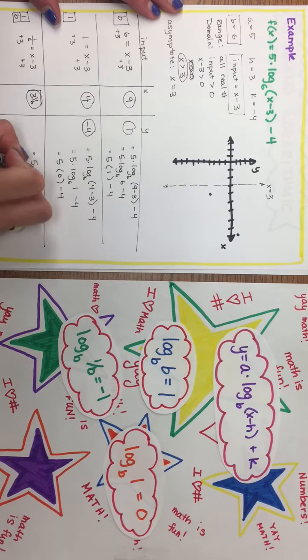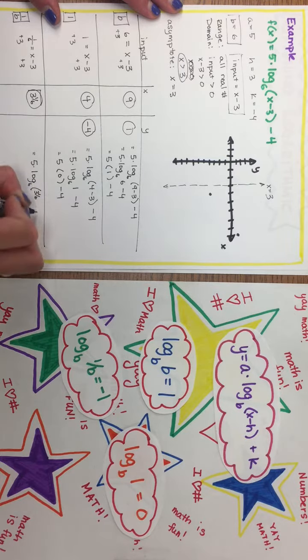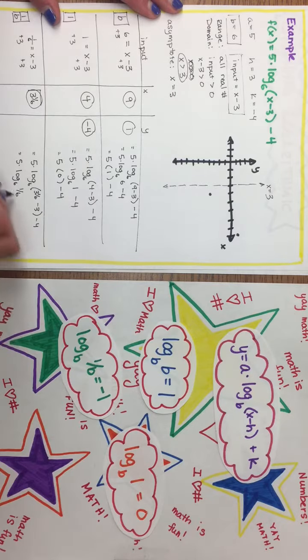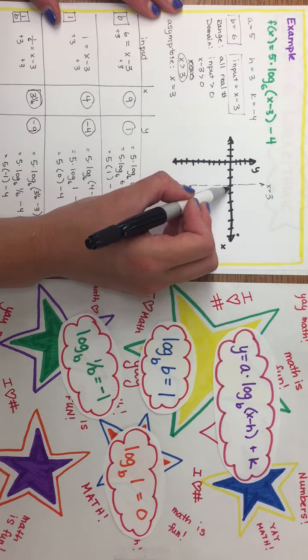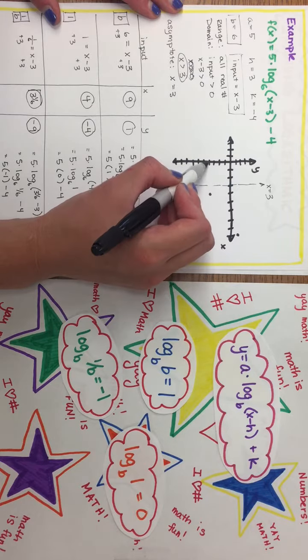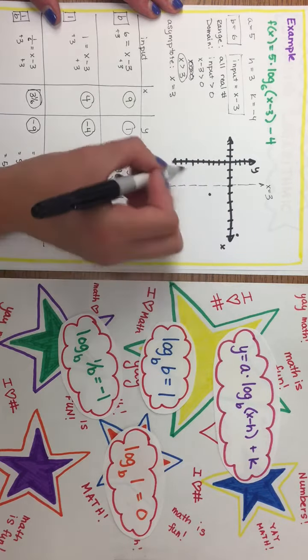So that is 5 times log base 6 of 3 and 1/6 minus 3, minus 4, is 5 times log base 6 of 1/6, minus 4. Log base 6 of 1 over 6 will be equal to negative 1. Negative 5 minus 4 will be negative 9. So 3 and 1/6, negative 9 will be right there.